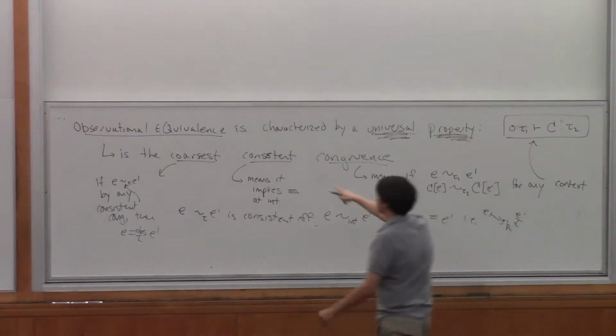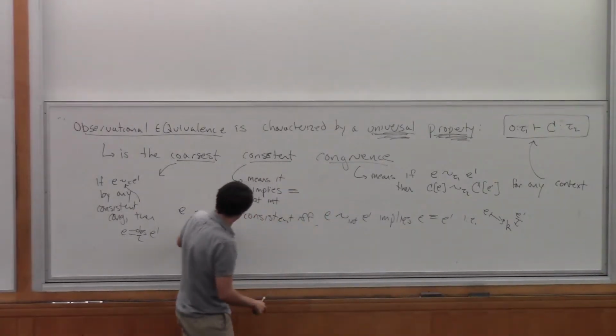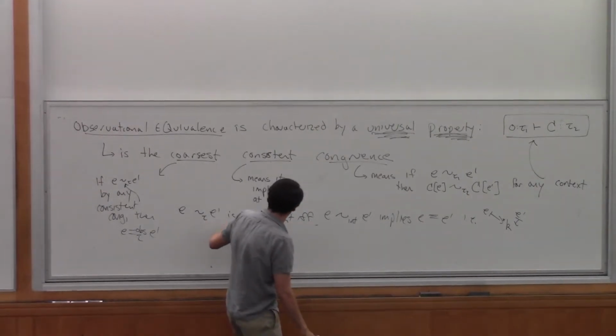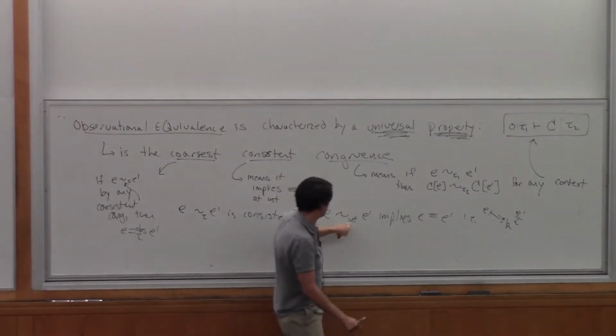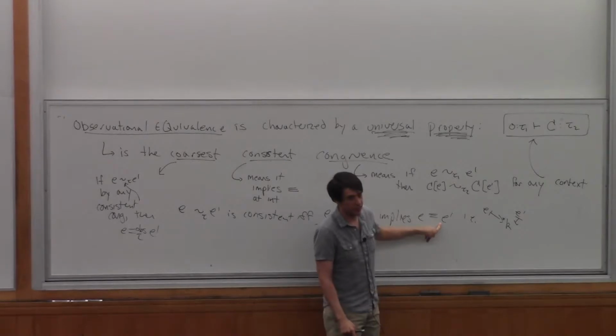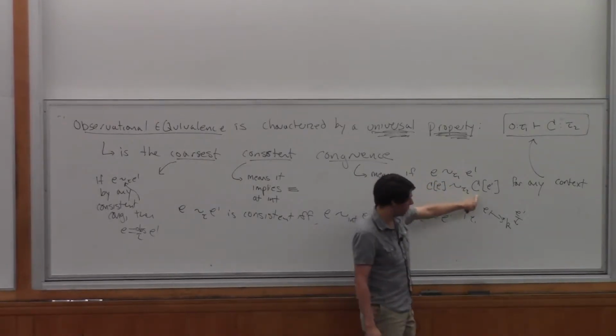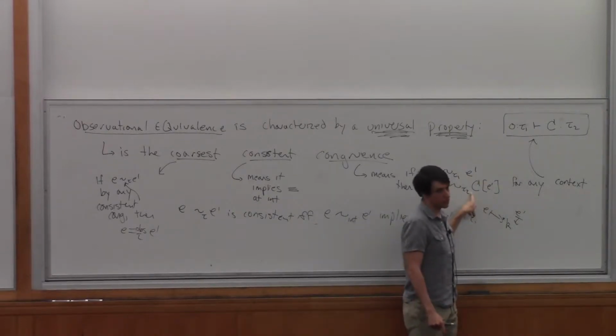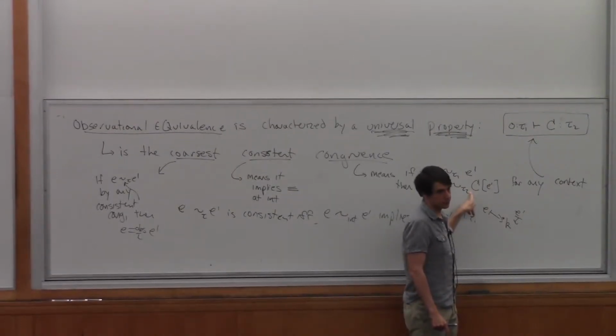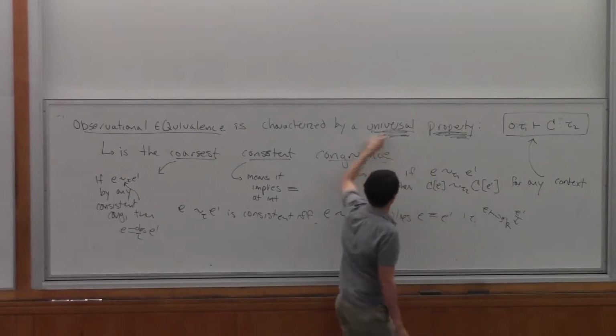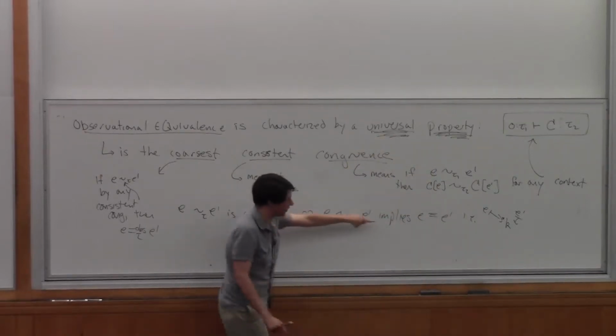So consistent means that if two things are related at type int, then they're cleanly equivalent. And congruence means if two things are related, then any bigger program you put them in, those two things are still related. Okay, so this is the definition of congruence. This is the definition of consistent.